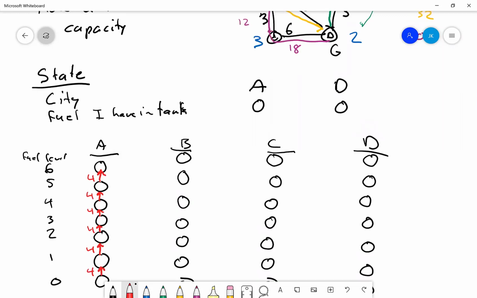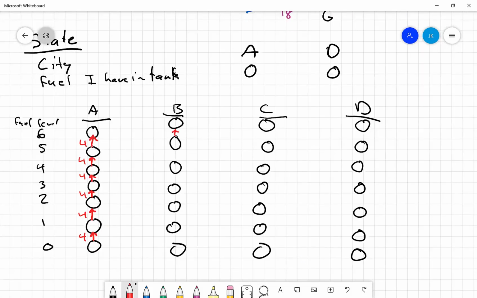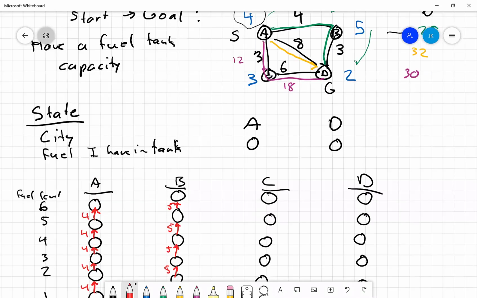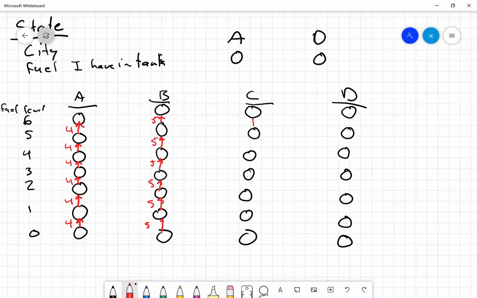For B, the gas costs $5 a gallon. Let's see, for C, it costs 3, and for D, it costs 2. Although truthfully, we don't really need to worry about D since that's where we end up.